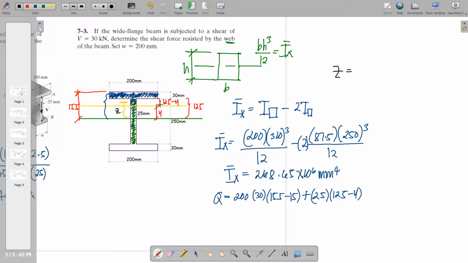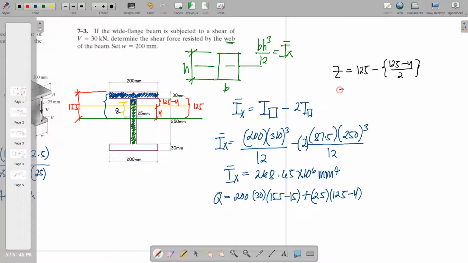So as we can see, we just consider the whole dimension 125 minus the half of this dimension, 125 minus y all over 2.